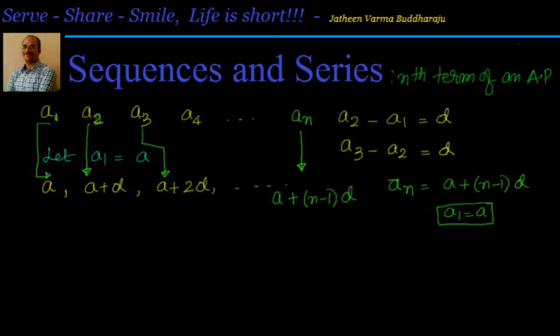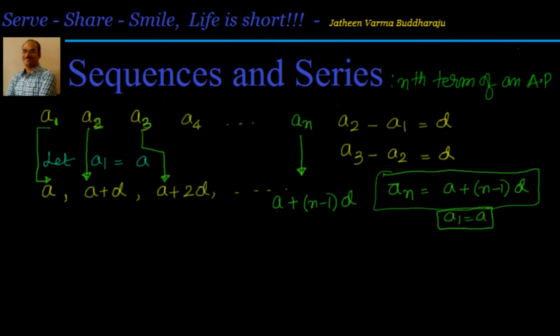That means for the third term I have 3 minus 1 into d. Similarly, the nth term will be a plus n minus 1 into d, following the same pattern. So that is how we find that an is equal to a plus n minus 1 into d.